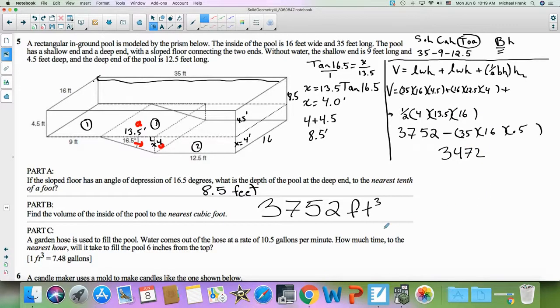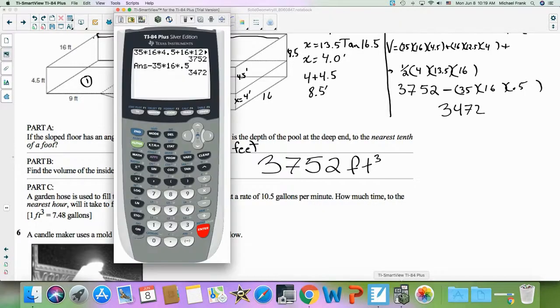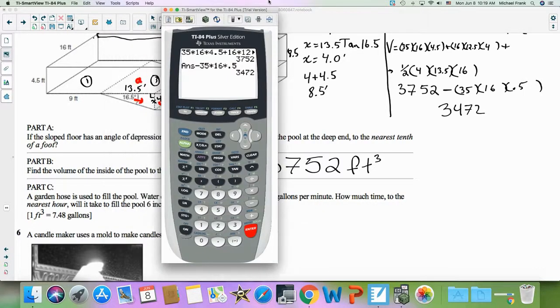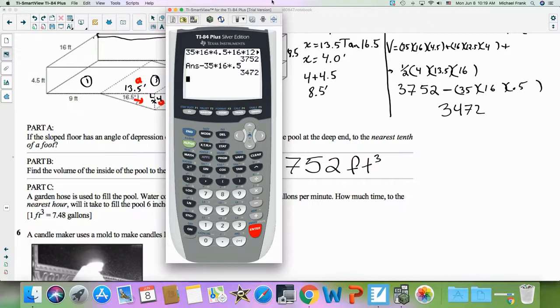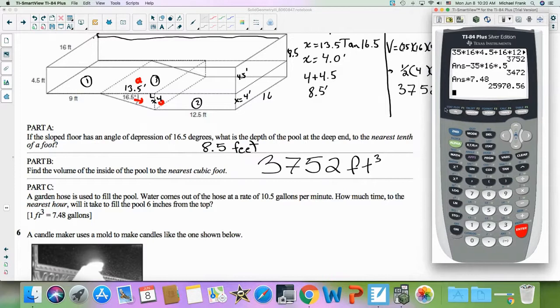Okay, well, now that I have, that's how much water we're going to have put into this pool in cubic feet. If 1 cubic foot is equal to 7.48 gallons, I'm going to multiply that by 7.48. And there, that number right there, 25,970.56, is how many gallons of water we're putting into the pool.